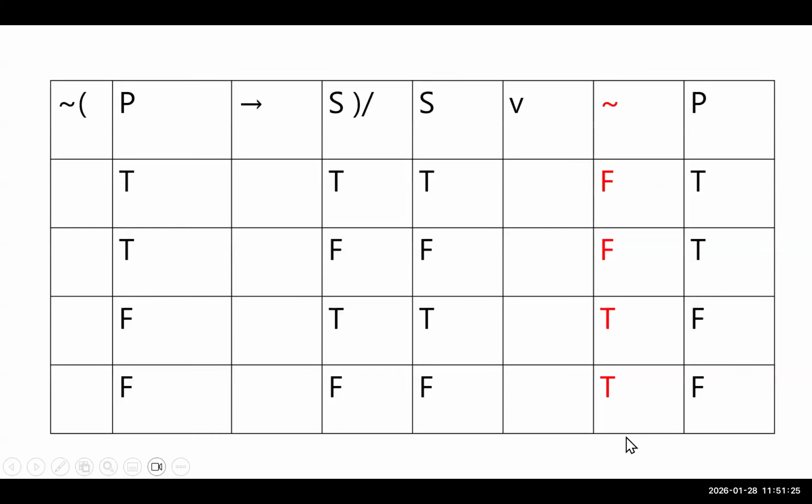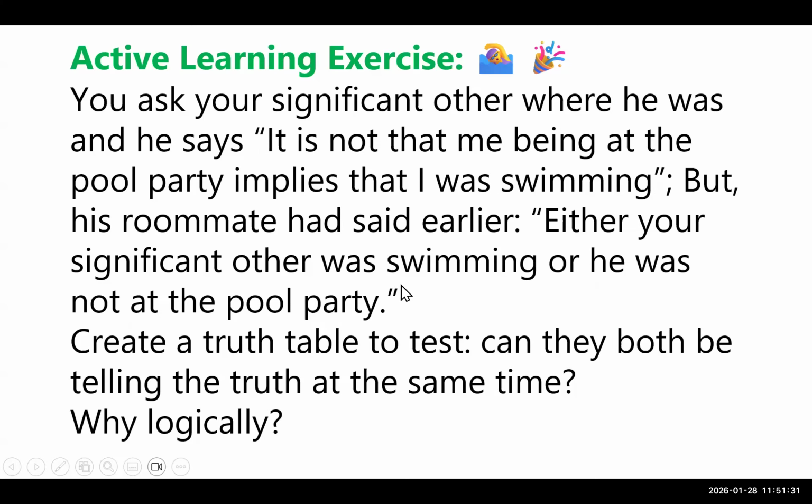Why? Logically. Sorry, I by accident moved ahead. So again, here is the original one. Pause it and please write down your answer and then do your truth table. Can they be telling the truth at the same time? In other words, can they be consistent? Why? Logically.